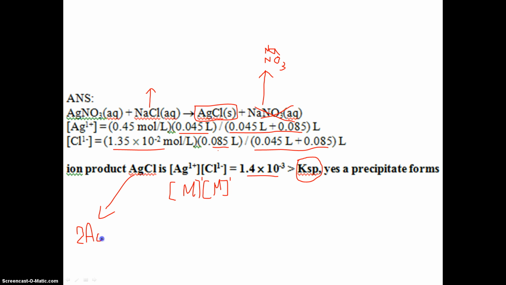Now let's say, just for example, our product here looks something like this: 2AgCl. Now this doesn't exist, but let's just assume that it did for the sake of clarifying things. Then our product here would be Ag, and then this one would be Cl minus. So Cl, because it is 1 mole here, would exist as 1 mole as an ion. So we would just put the molarity in, to the power 1.